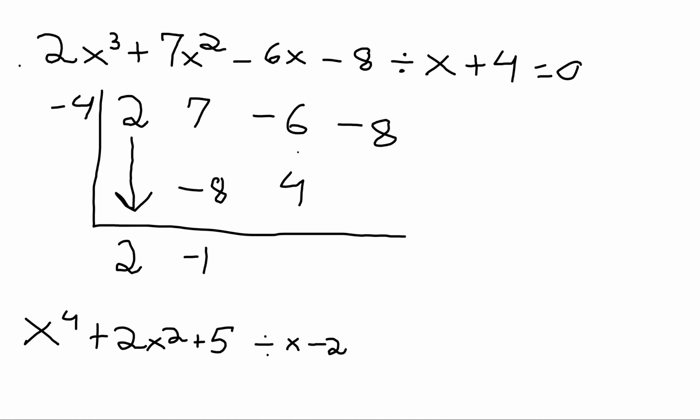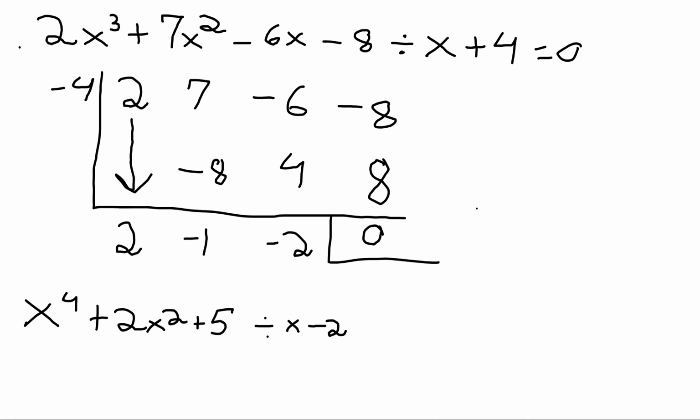So -6 over 4, -6 plus 4 is going to equal -2, and then -2 multiplied by -4 equals 8. So if we do -8 plus 8, we get a remainder of 0. So that tells us, using this synthetic division process, that x plus 4 is a factor of this polynomial.